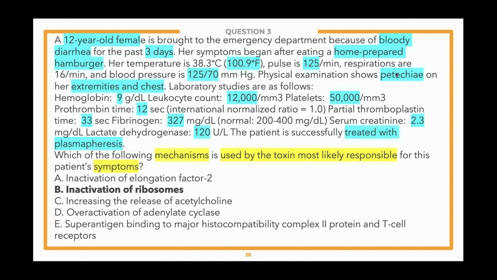No worries. Yep. So let me just recap. Answer choice E, that's talking about toxic shock syndrome caused by Staph aureus. Answer choice D, that's talking about something such as Bordetella pertussis, which causes whooping cough. Answer choice C, not so much relevant here. And then lastly, answer choice A, an activation of elongation factor 2.